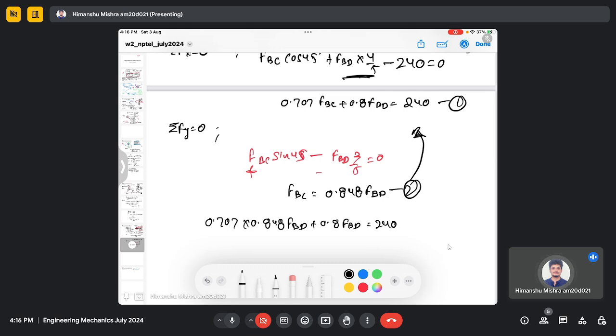So now by doing that, your equation depends only on force BD. That is the unknown quantity and you can easily find it. That's 0.6, 0.8.